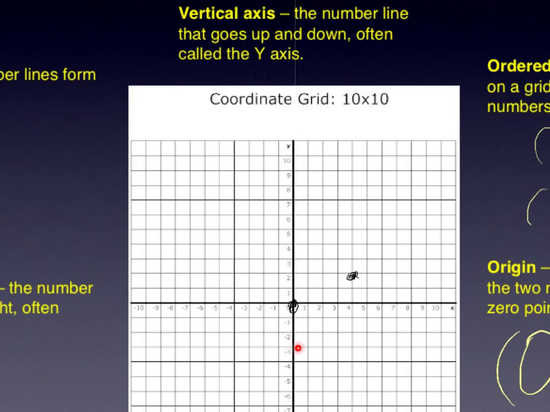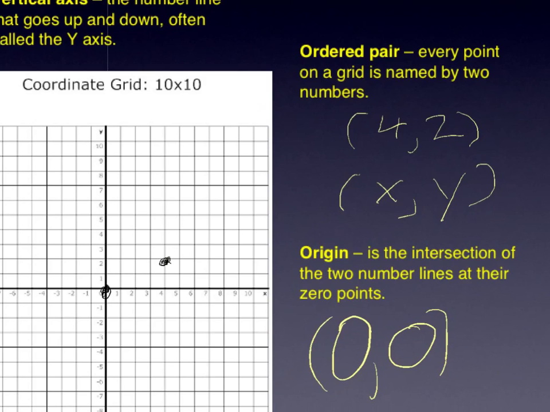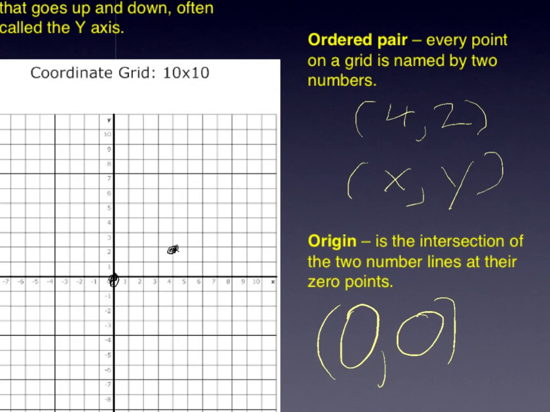So it's important to remember, x goes across, y goes up and down. When you're looking at your ordered pair, the x is the one that goes left to right, and the y is the one that goes up and down.